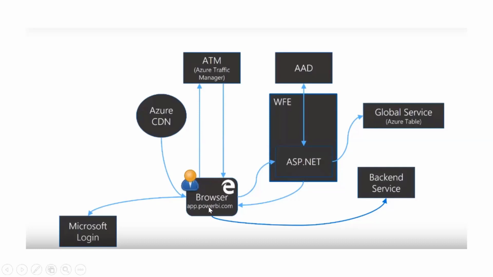If we see, when we log into app.powerbi, mostly the ATM, that is Azure Traffic Manager, will connect to the local region. Let's say a user is logging in from India, so that request will go to ATM, Azure Traffic Manager, and it will identify which location it is from.